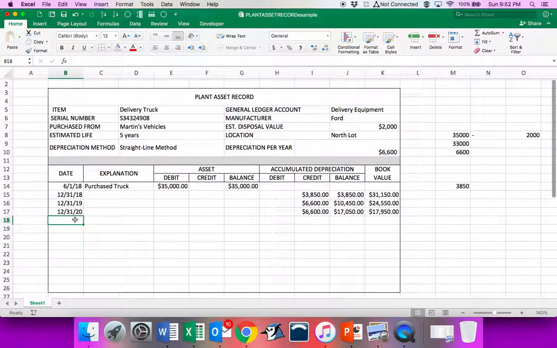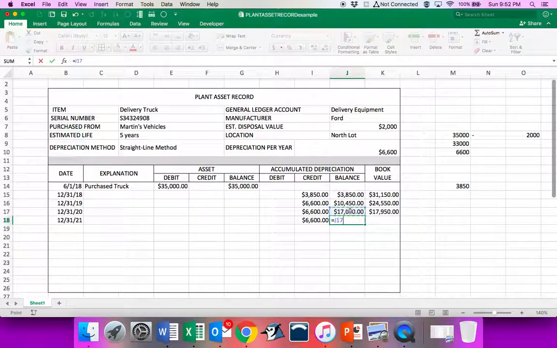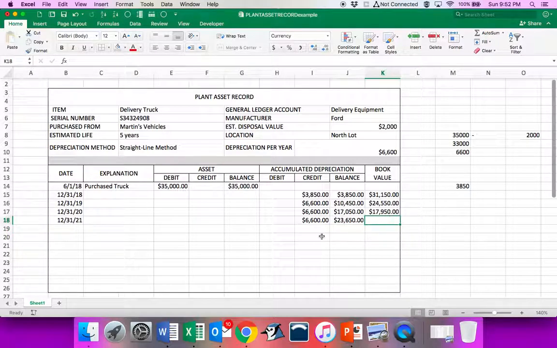Now we have the next year's depreciation. Again, we're adding the depreciation up, so we're keeping a running total of how much we've depreciated so far. As this number goes up, you'll notice the book value of the vehicle goes down.